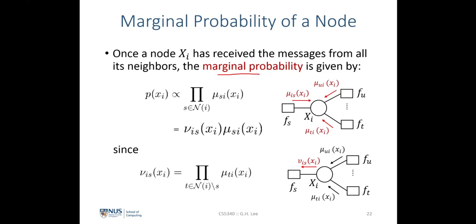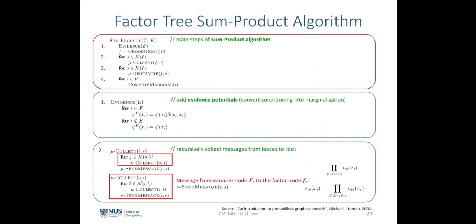And similarly, the downward message passing from the root node xi would only begin when it has received all the messages from all the factor nodes that are linked to the random variable node xi. Here's the pseudocode for the sum product algorithm on a factor tree.